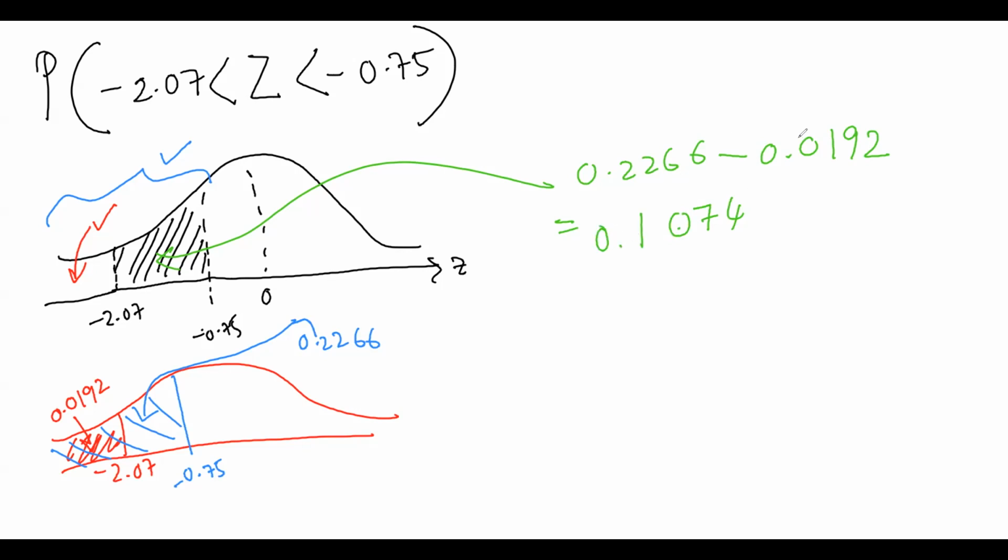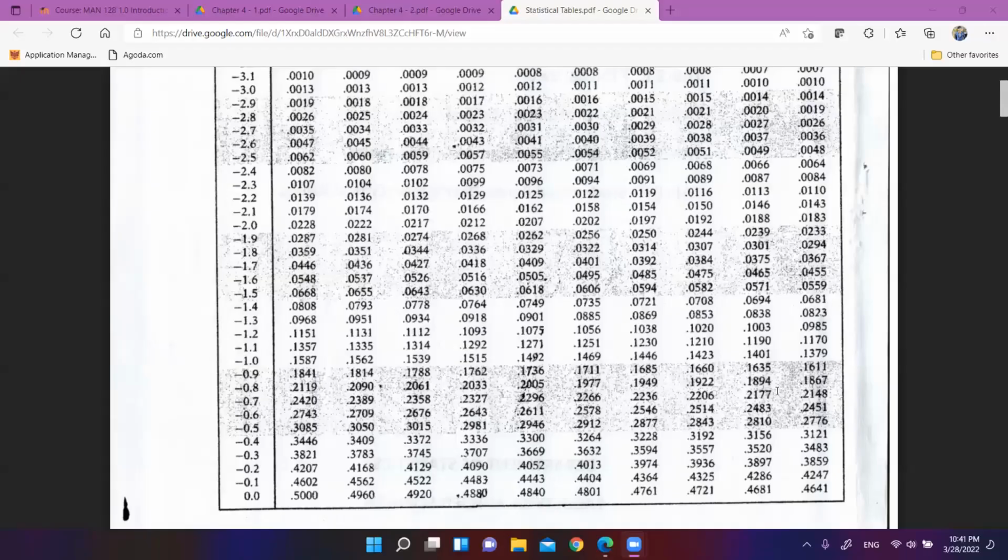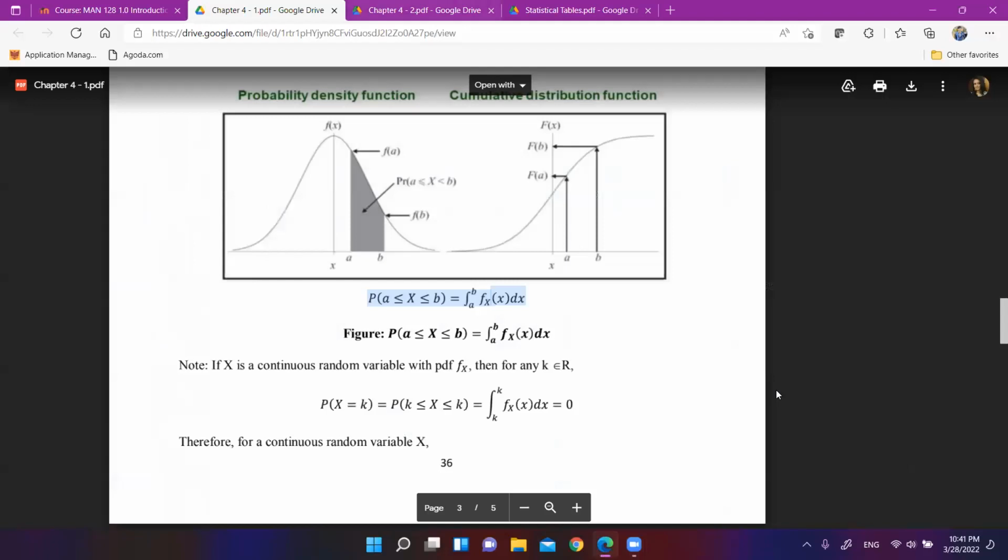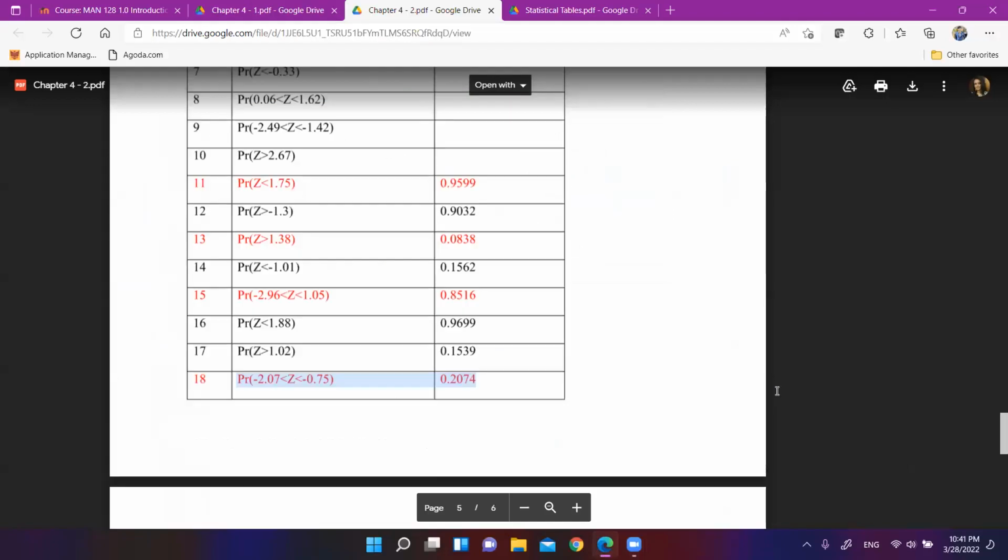Did I compute it properly? 6 minus 2 is 4, 16 minus 9 is 7, and so on, giving 0.2074.